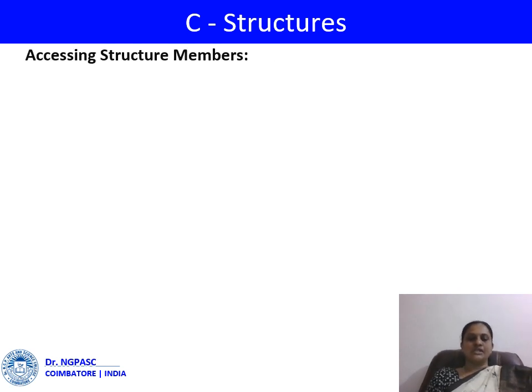Next we will see how to access the structure members, and how the structure variables will be stored. In the previous example we have seen that the variables can be declared either within the structure definition or outside it. For example, we have discussed the book structure, which consists of title, author, subject, and finally the book code.